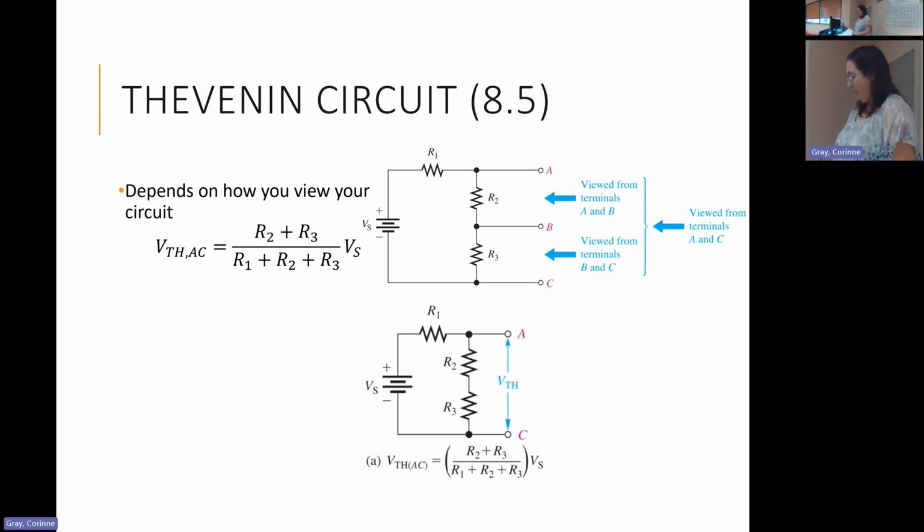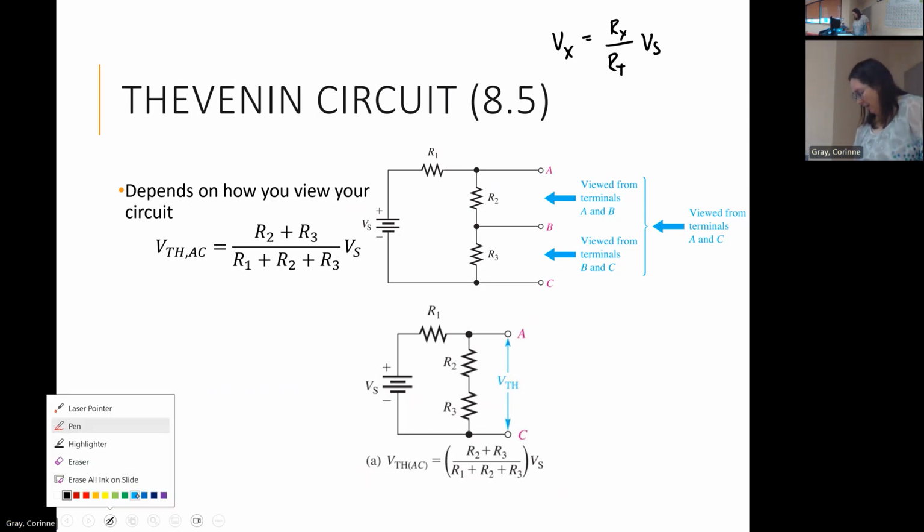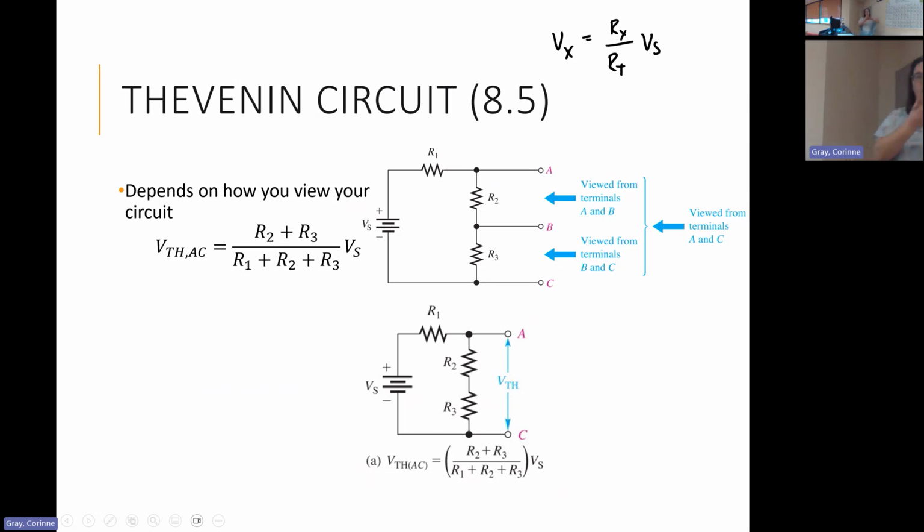With the voltage divider equation, we have Vx equal to Rx over RT times the source voltage. Here I want the voltage drop across 2 and 3, so in reality Rx is going to be both of these.